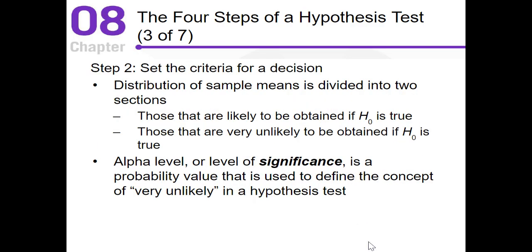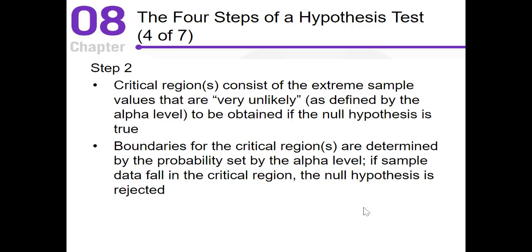In step 2, we set the criteria for a decision. You have a distribution of sample means that can be divided into 2 sections, and the alpha level is the level of significance, which gives the probability value used to define the concept of very unlikely in a hypothesis test.